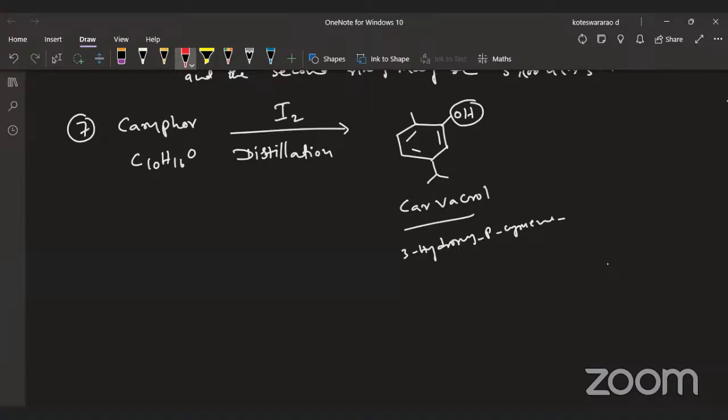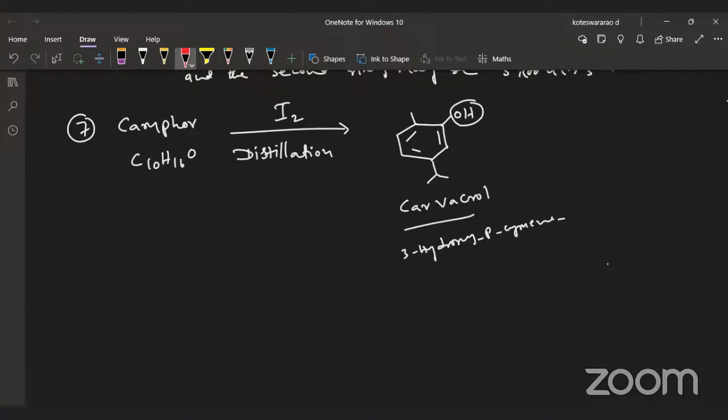The carvacrol OH is due to the presence of the keto group in camphor. And second point, the OH is adjacent to the methyl group instead of the isopropyl group. This also indicates that the keto group is adjacent to the methyl group, not the isopropyl group. These two facts are revealed from this reaction.